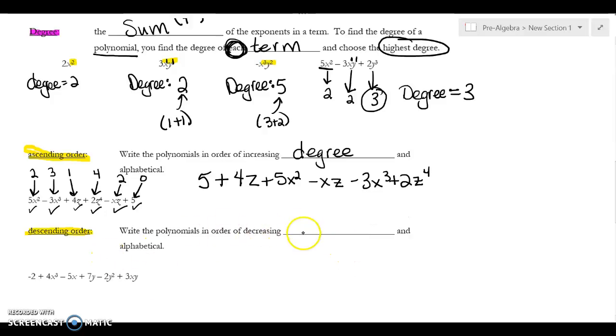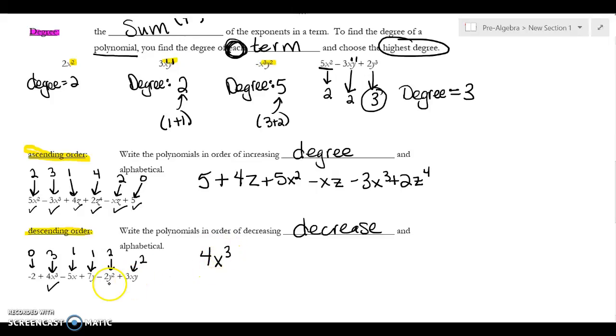Okay, descending order is decreasing order. So same thing, I'm going to find my degrees. This is 0, 3, 1, 1, 2, and 2. This time I'm going from biggest to smallest. So my biggest one is degree 3, so I'm going to write that one first.